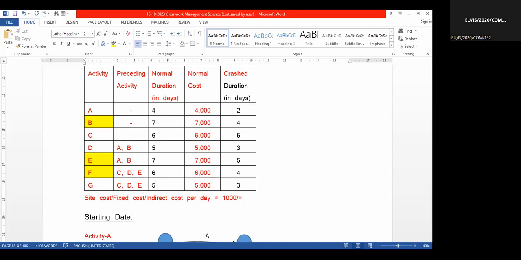Now we have to find what is the normal cost of this project.